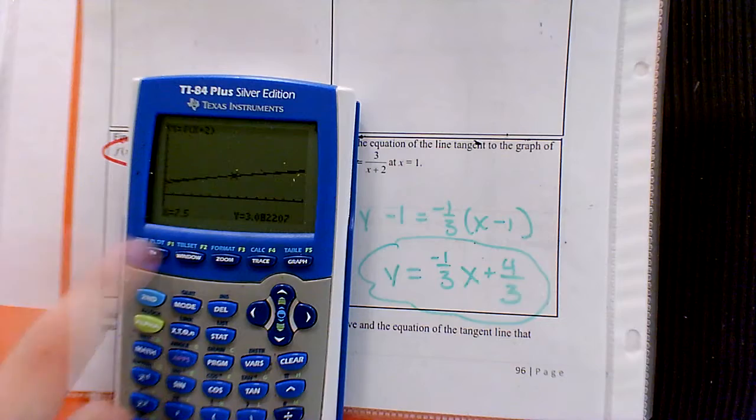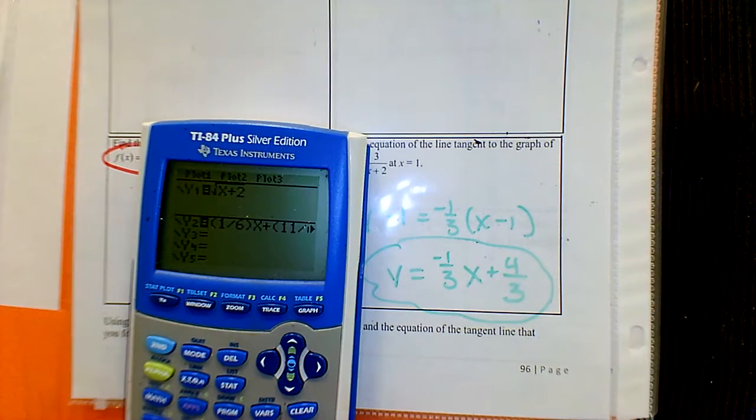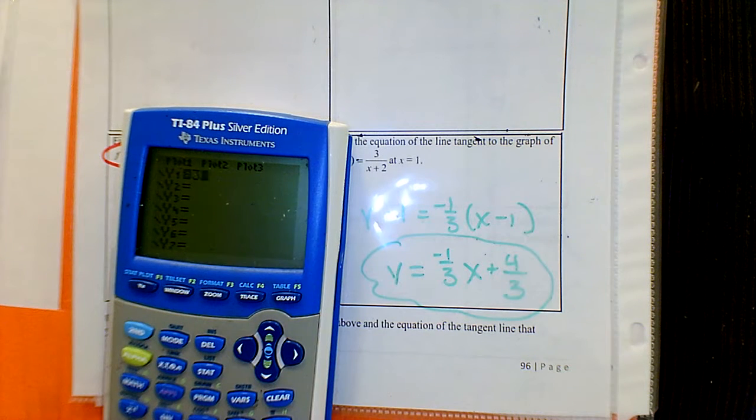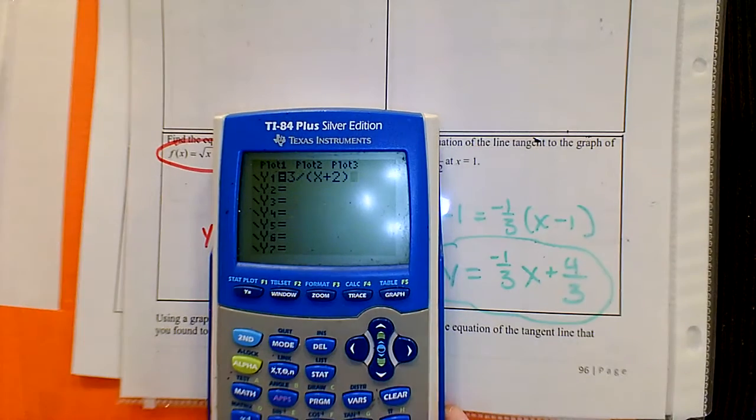All right, so in y equals, let's type in the original function, 3 divided by, you have to put x plus 2 in parentheses. And then in y2, we'll put in our tangent line.